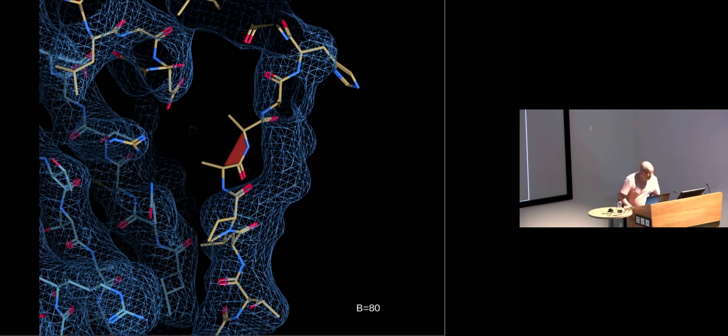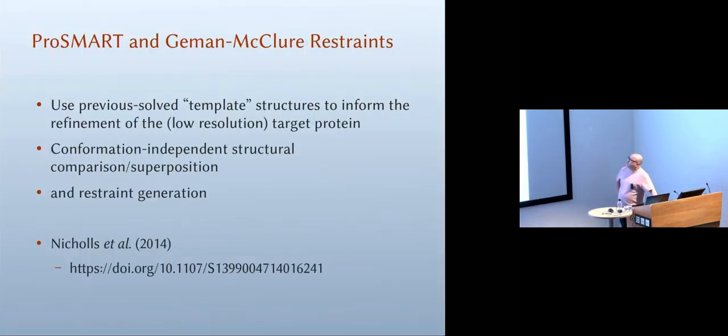And so it's a good idea, generally speaking, and this is what I do, at least I recommend it to you, to look at a series of differently sharpened or blurred reconstructions. That helps your interpretation of the map.